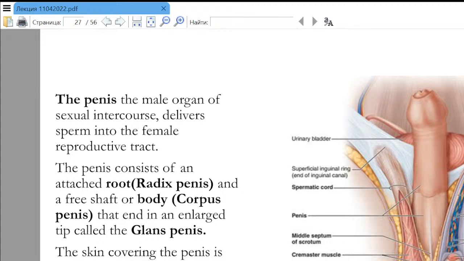The skin covering the penis is loose and extends distally around the glans to form a cuff called the prepuce or foreskin.